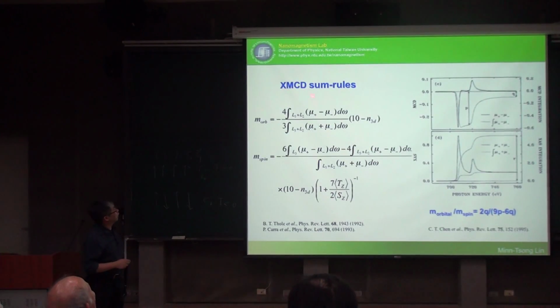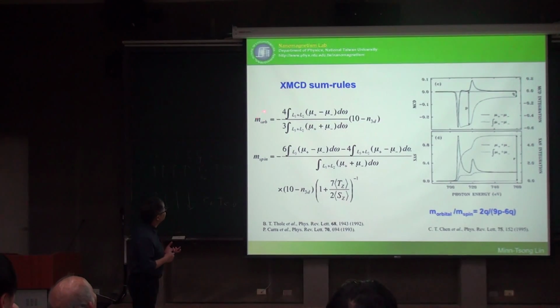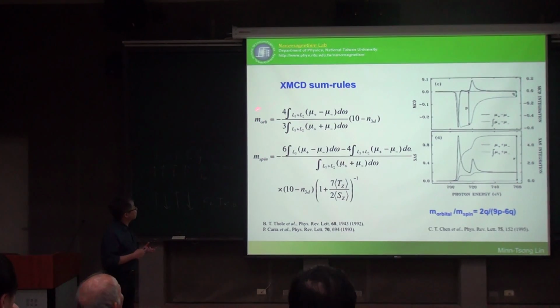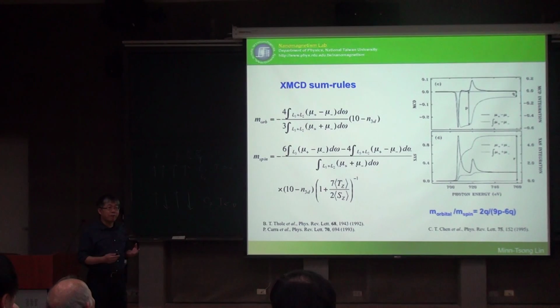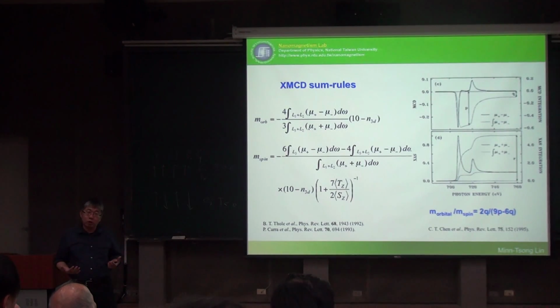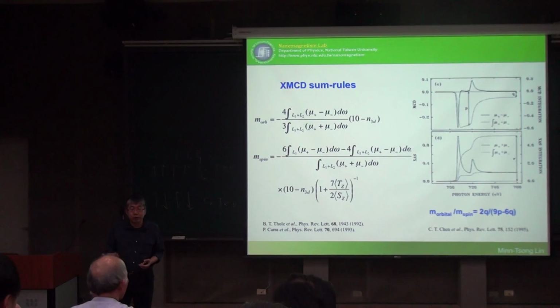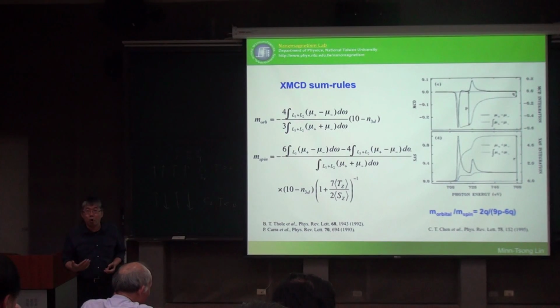So with the so-called XMCD sum rule, basically it can provide you a quantitative estimation of the magnetic moment. The magnetic moment basically has two parts. One is the orbital part, and this one is the spin part. So usually the value of the magnetization is determined by the spin moment, and the orbital moment is usually much smaller than the spin moment.